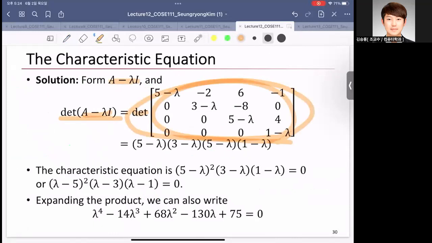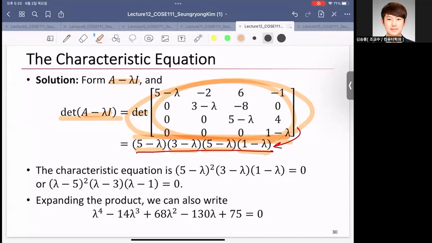We did not discuss how to compute this determinant in the case where n is greater than 2. We did not discuss how to derive this, but let's just assume that we can do that. It's going to be (5 minus lambda) squared times (3 minus lambda) times (1 minus lambda). Then this one equals 0 is the characteristic equation.